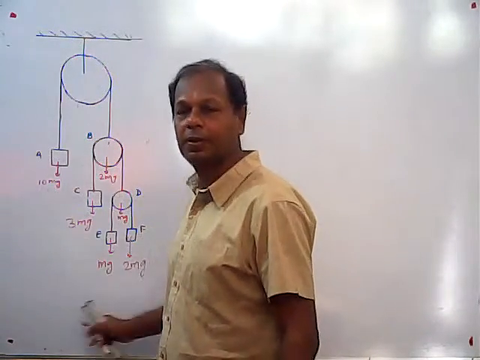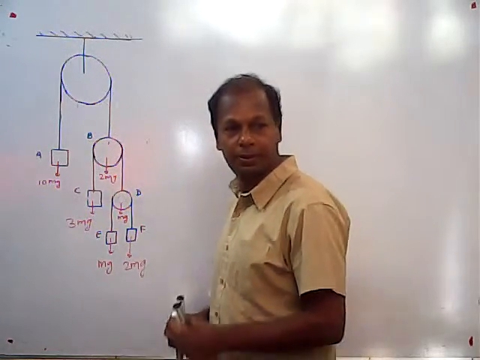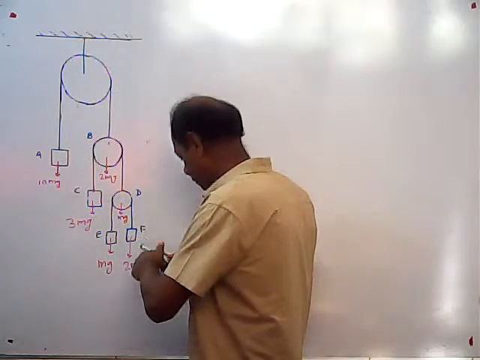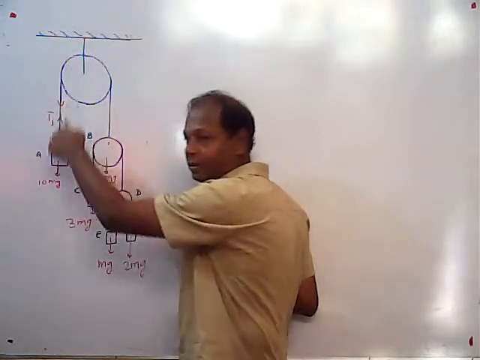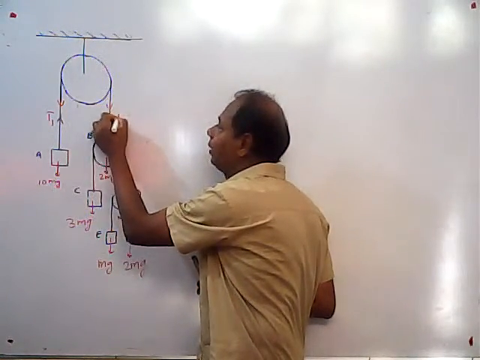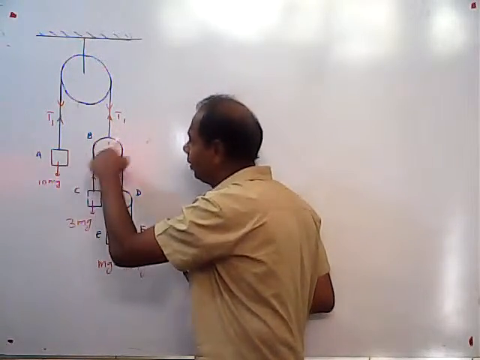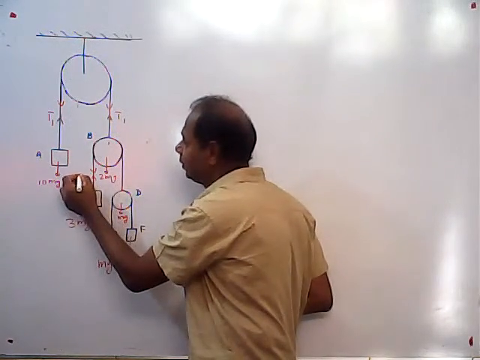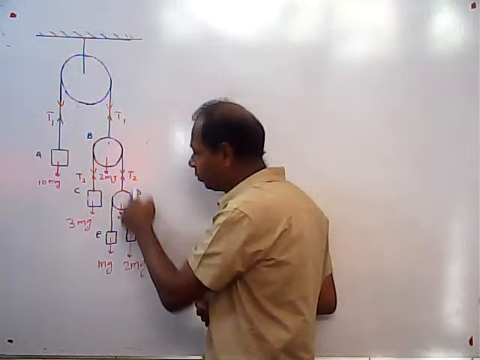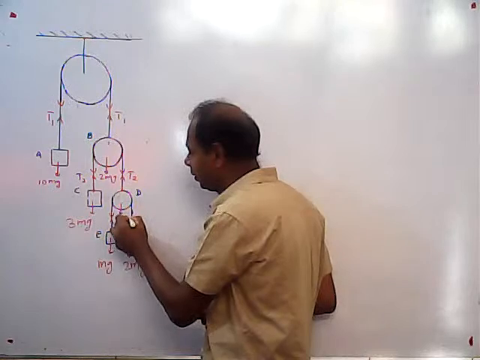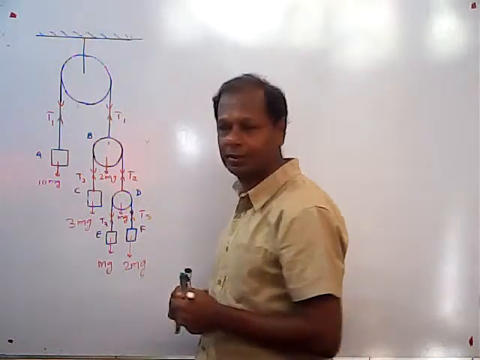In addition to these weights, we have the tensions in strings, right? Let's mark say T1, the tension in this string, and again T1 here in the same string, and on the other side here connected with this pulley, the tension T2 and T2 in this string. Let's take T3 and T3.